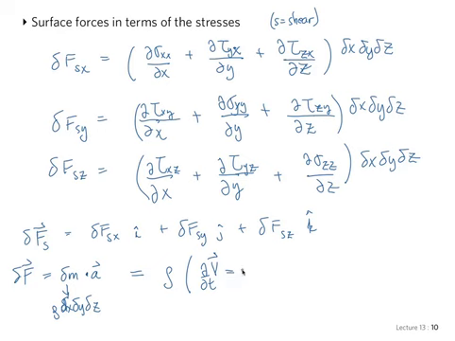Those are the three, in terms of a vector, this is a vector, and we have v dot nabla v. Remember the local acceleration and the convective acceleration?